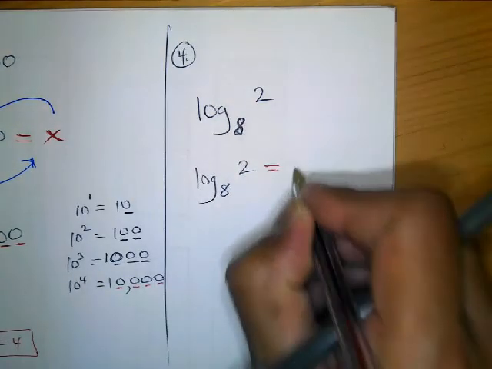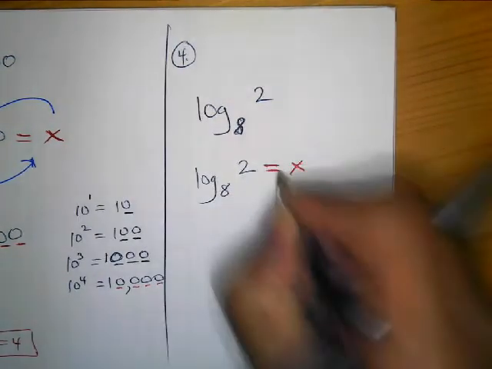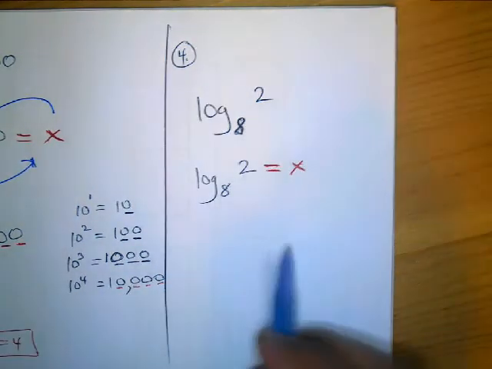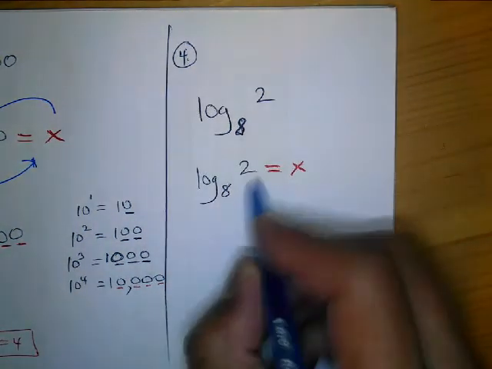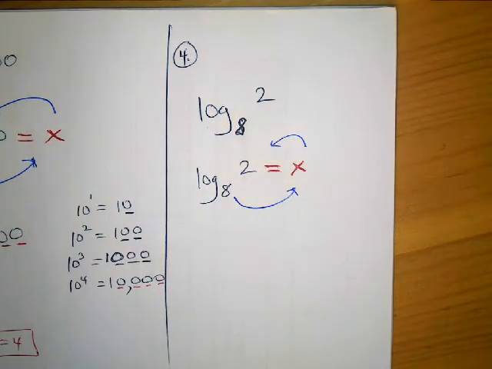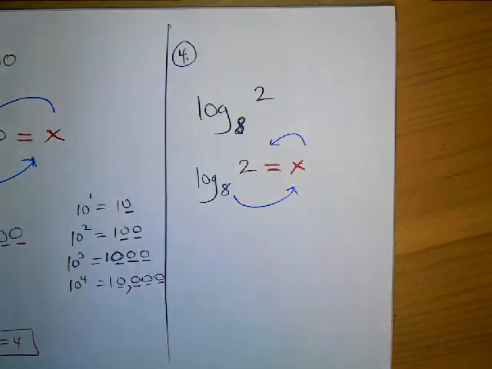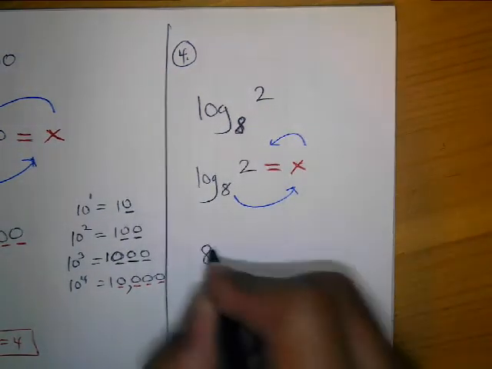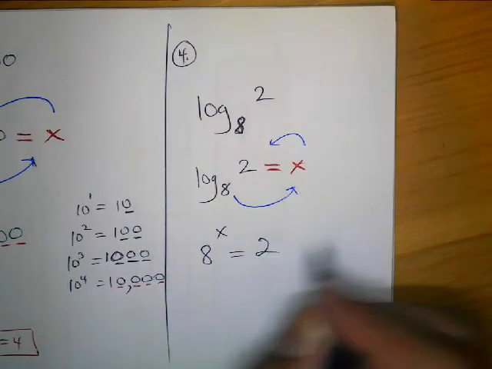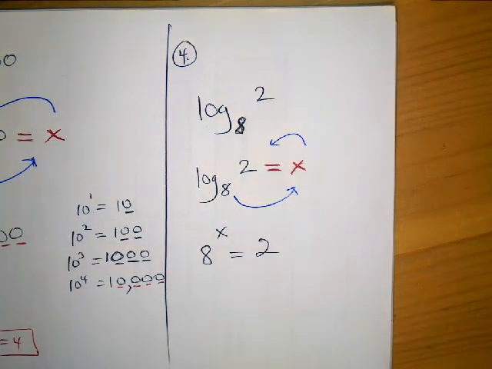So just stick to the process, stick to the steps, stick to showing your work. I'm not going to guess, not predict, not assume. I'm going to change it to exponential form. And this is now going to say 8 to the power of x is equal to 2.